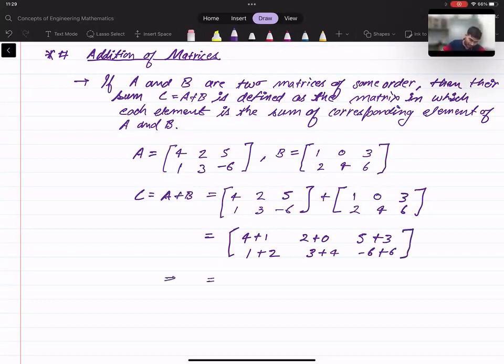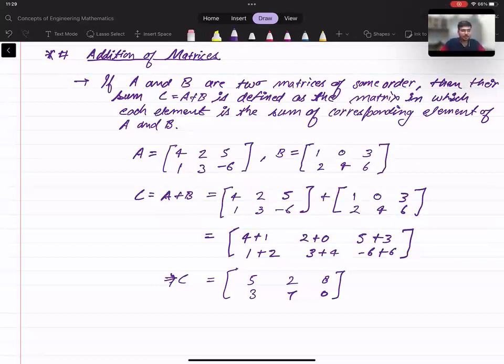So this matrix C will become 5, 3, 8, 3, 7, 0. Like this, we do the addition of matrices. And remember that the order of both matrices needs to be the same for addition to take place. Okay.